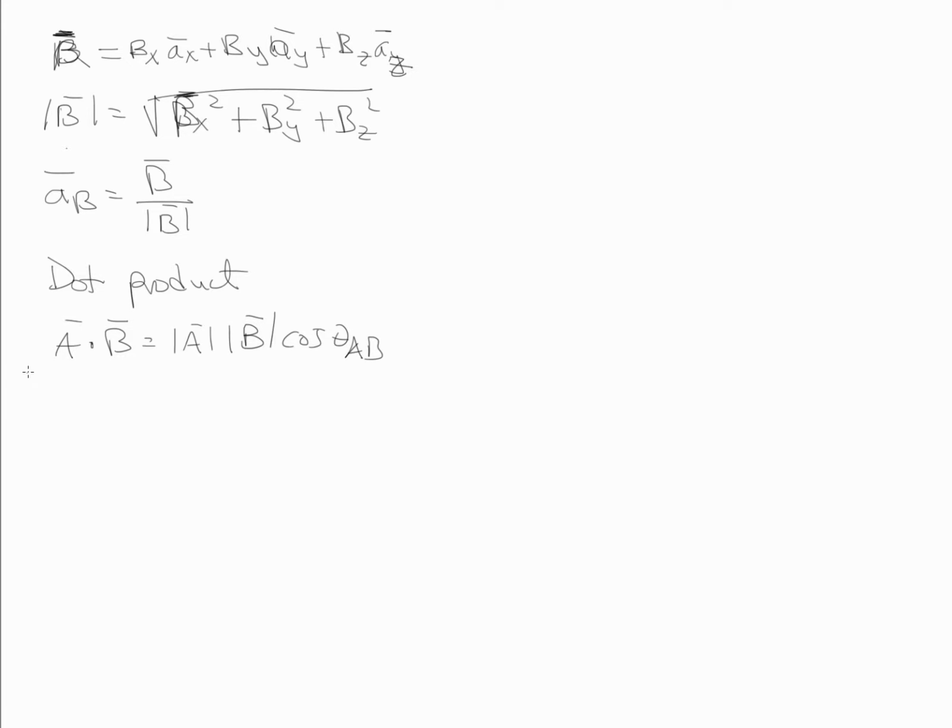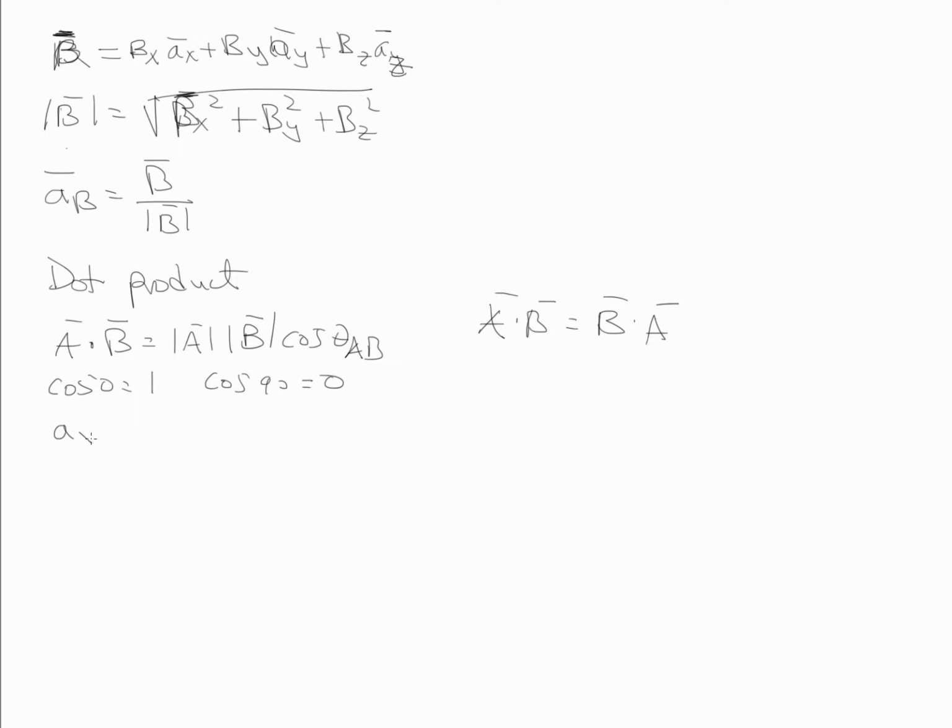And just some properties of the dot product: a dot b is equal to b dot a. I think that's the commutative law of dot products. And the important thing here is to remember that the cosine of 0 is equal to 1, and the cosine of 90 degrees is equal to 0.